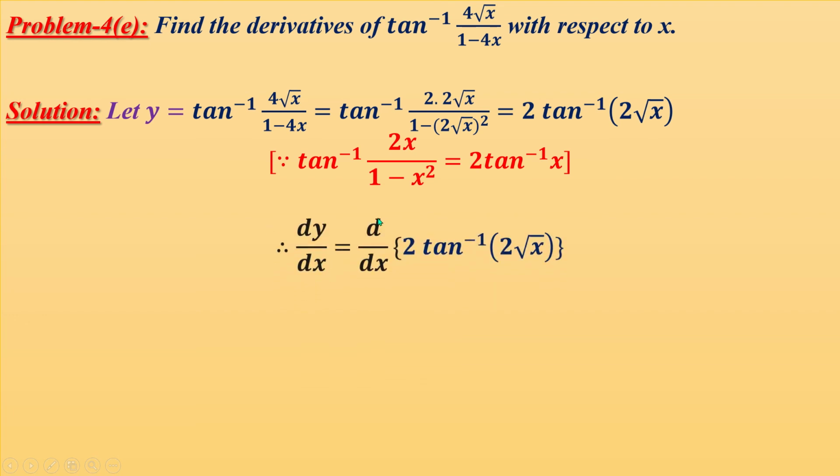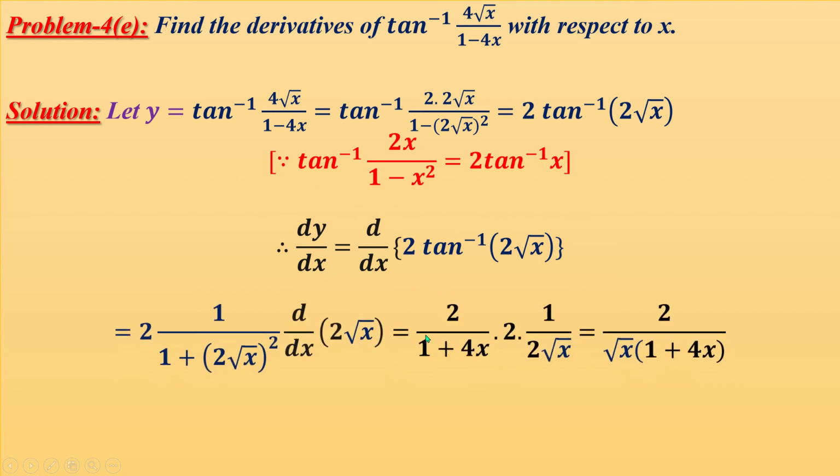Therefore dy/dx is equal to d/dx of 2 tan inverse 2 root x. We can take 2 out of the derivative, no problem, and the derivative of tan inverse x means 1 divided by 1 plus x square, as here x is 2 root x, so here will be (2 root x) whole square, and then d/dx of 2 root x, because here it is not only x, here it is 2 root x, so we have to differentiate this again.